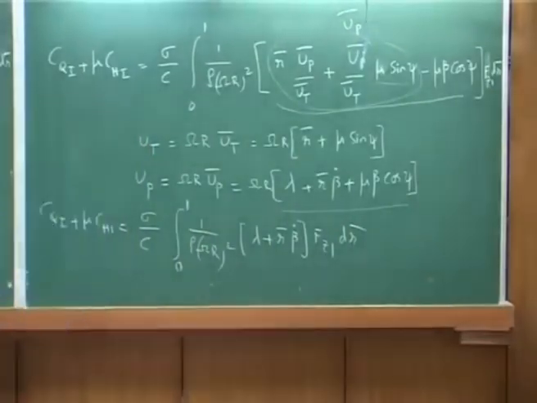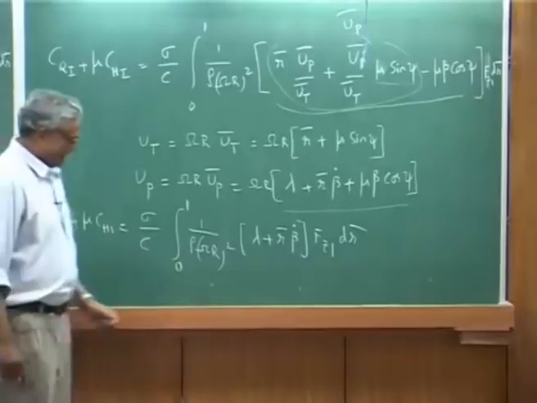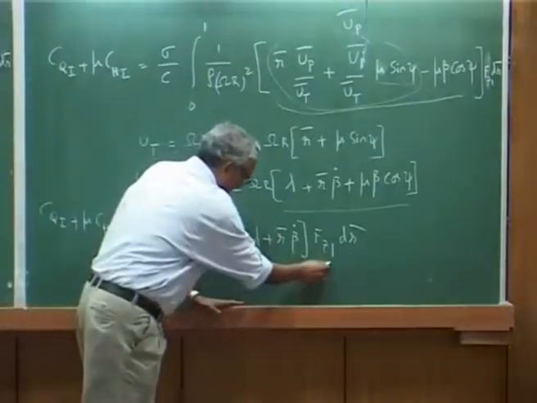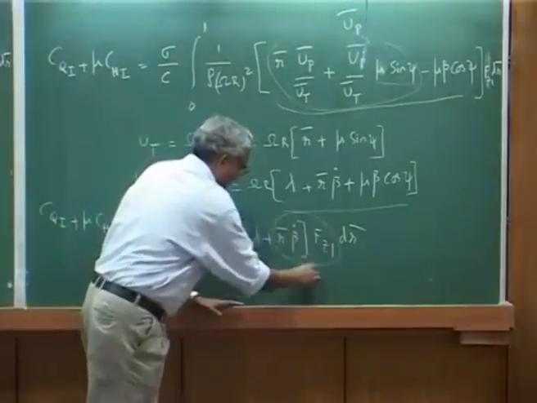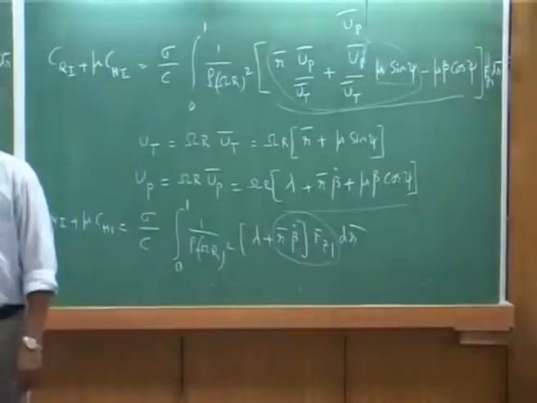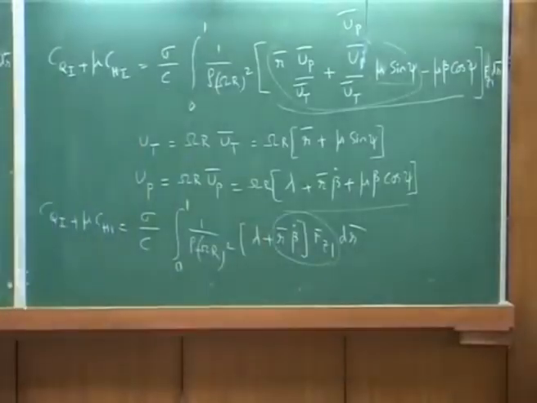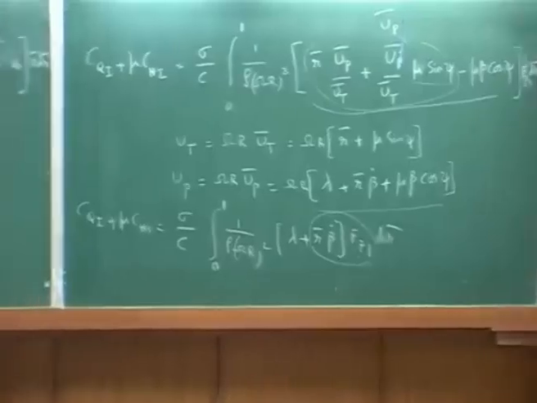Now, here something is done. If you take this term, there is a force, and r beta dot is the velocity at that point, which can be written as r d beta by d psi.